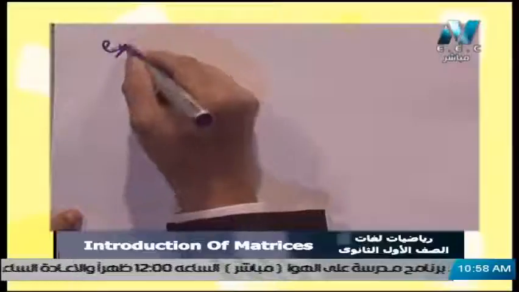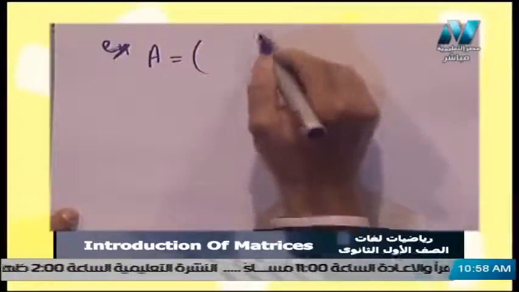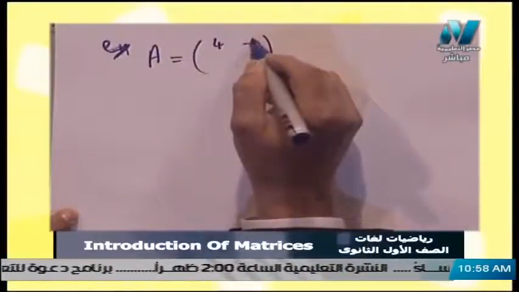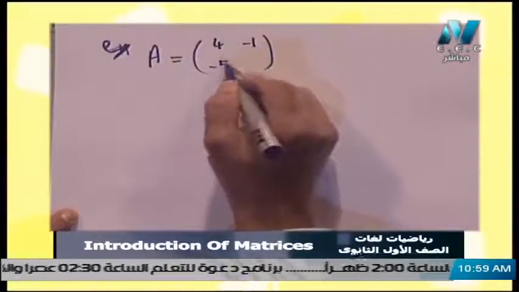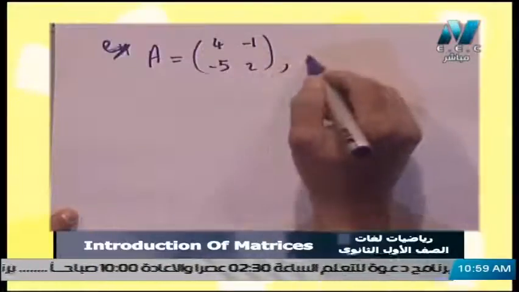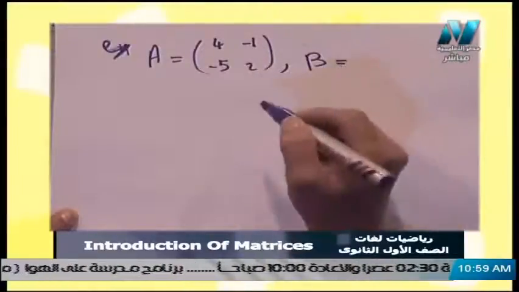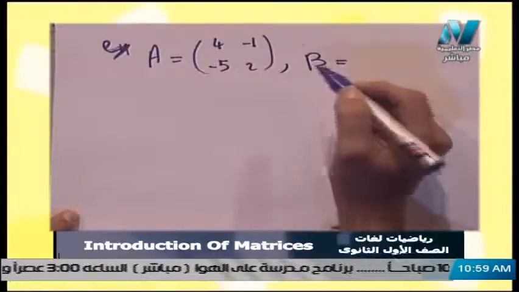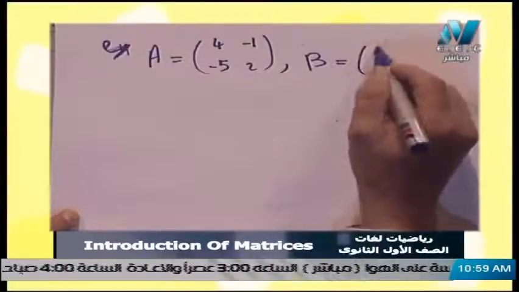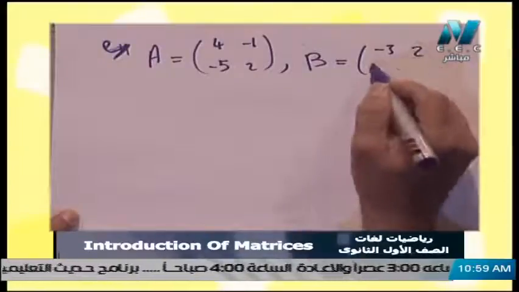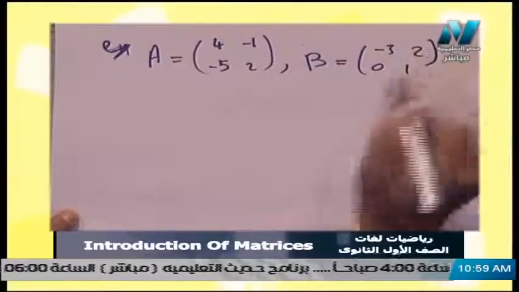We have many examples, and it will be easier for you because we will deal with numbers. So if we have an example here like that, A equals a matrix, this matrix 4, -1, -5, and 2. And we have another matrix B equals -3, 2, 0, and 1.